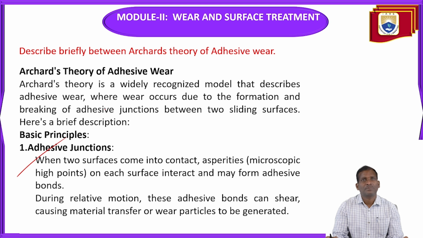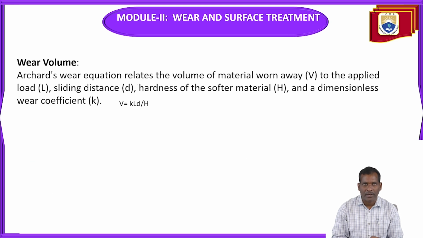Adhesive junctions: when two surfaces come into contact, asperities, microscopic high points on each surface, interact and may form adhesive bonds. During relative motion, the adhesive bonds can shear, causing material transfer or wear particles to be generated.